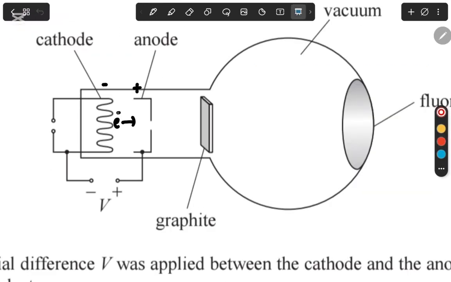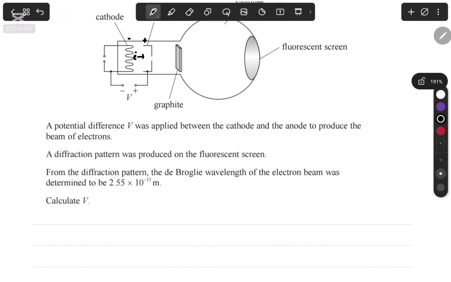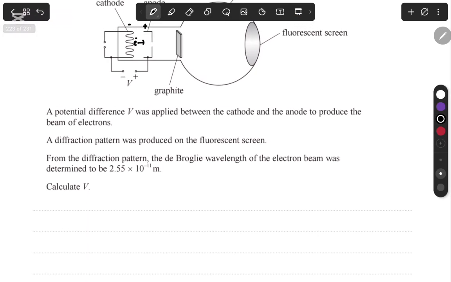So I want you to see here that the electron is going to move from the negative cathode to the positive anode. And it's going to gain kinetic energy and lose potential energy. Okay? And the reason it's gaining kinetic energy and losing electric potential energy specifically, would be because of the work done due to the potential difference.